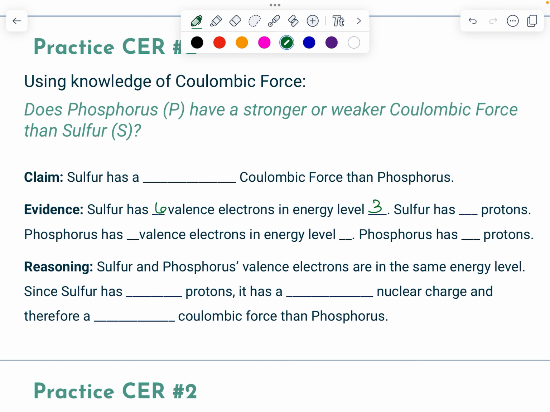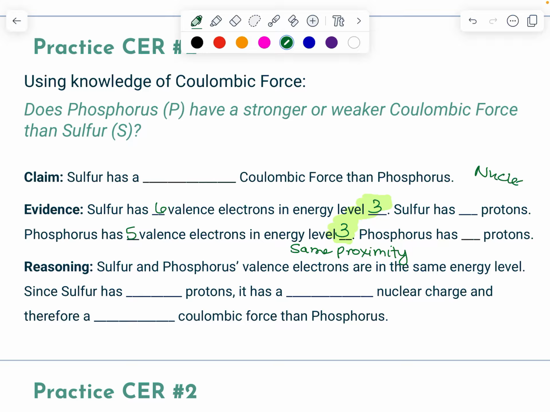And phosphorus has 5 valence electrons in energy level 3. So as I'm filling those in and looking at Coulombic force, one thing I'm noticing is that these are in the same energy level, which means it's going to be the same proximity, the same distance away from the nucleus, which means we now need to consider our nuclear charge.